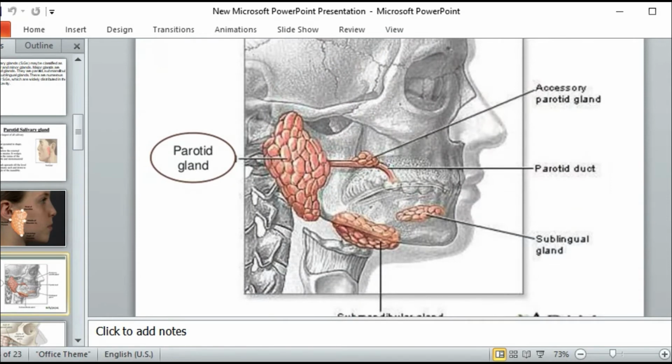It has a duct, called the Stensen duct, that secretes saliva directly into the oral cavity. The secretion product is called saliva.